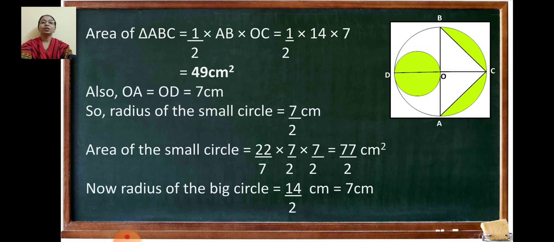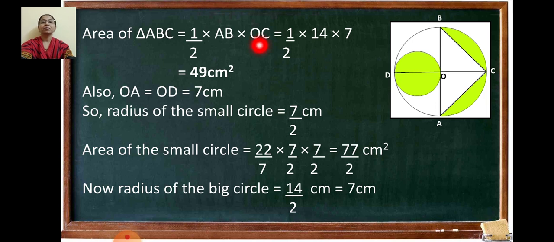So therefore area of triangle ABC is half base into height, that is half, base is diameter AB 14, into height is OC length, that is 7. So simplify this, so you will get 49 centimeter square, right?